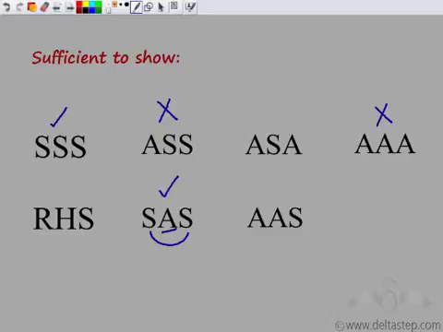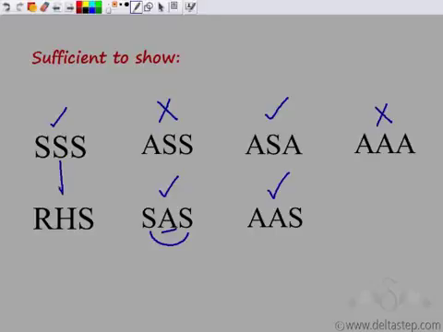When you have two angles and one side equal to two angles and one side of the other triangle, it does not matter whether the side is inside those two angles, or it is outside these two angles. Both of these are sufficient to prove congruency. In right triangles, we have a special case.